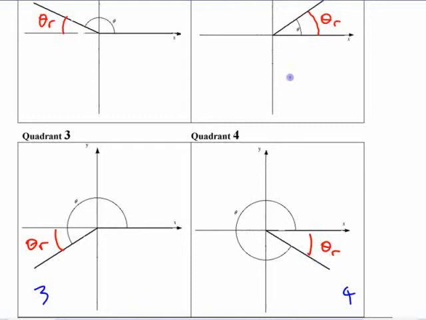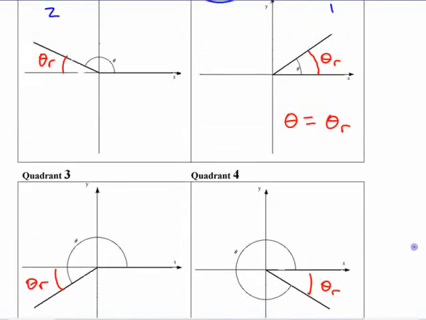The relationship in each of these cases: in quadrant 1, theta equals the reference angle. They're the same angle. In quadrant 2, theta, which is this angle, is equal to 180 degrees minus the reference angle. Right?